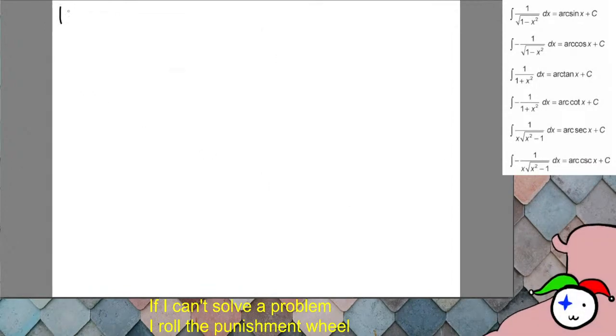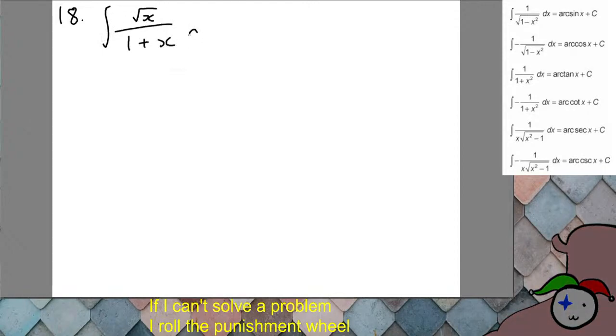Alright, 18. Square root of x over 1 plus x dx. Alright, let's see. Hypothesis: what if u equals root x?